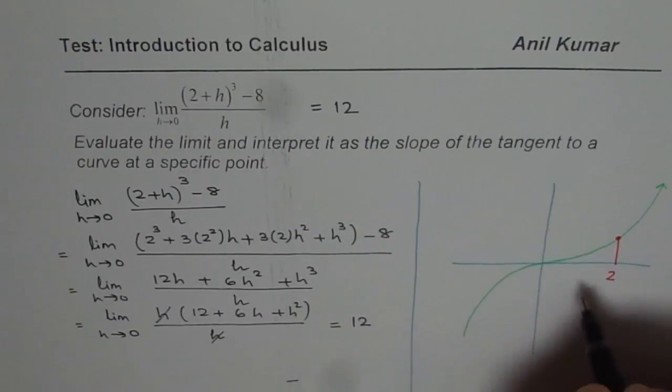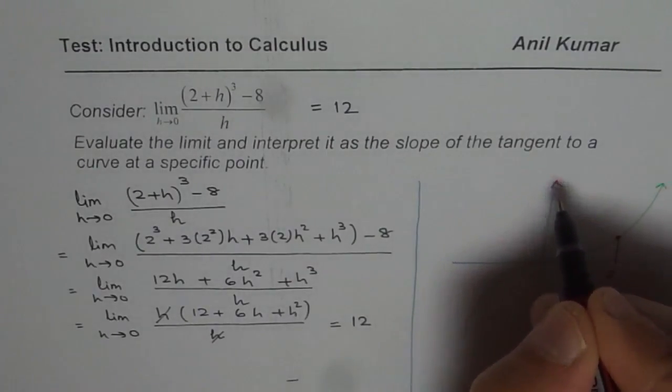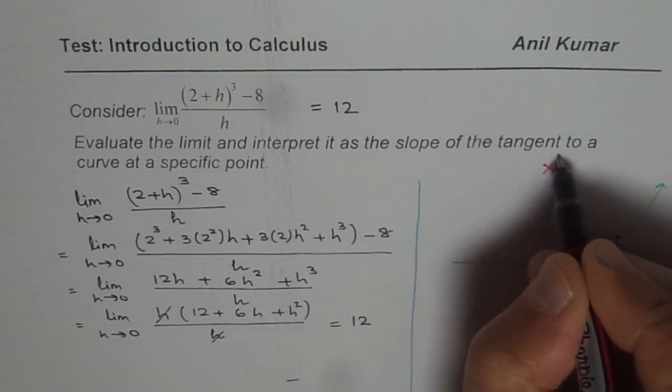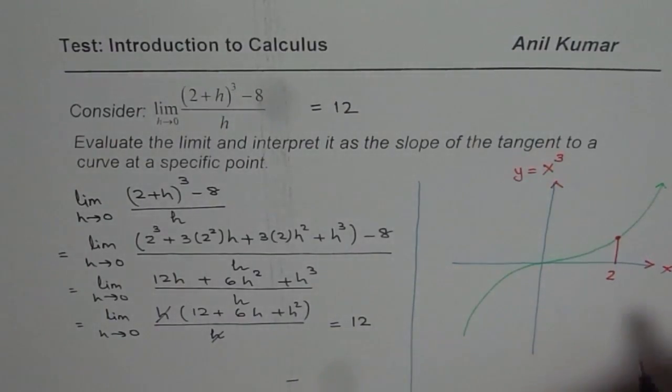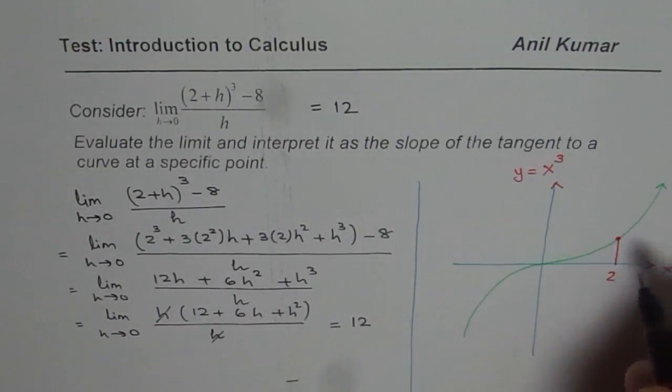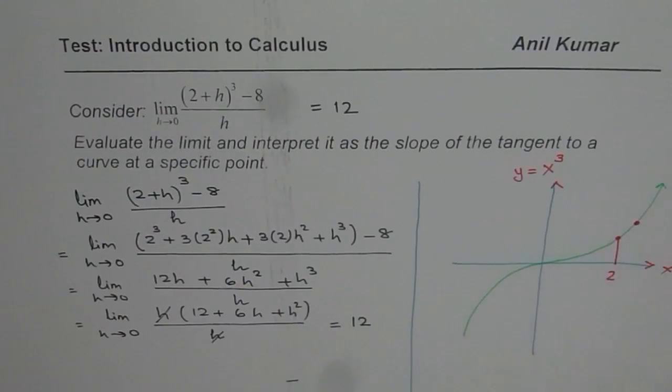Right, so that is the value at 2. So for a cubic function, let us say y equals x cube, and here we have x. What we are really considering here are 2 points slightly away from one another.